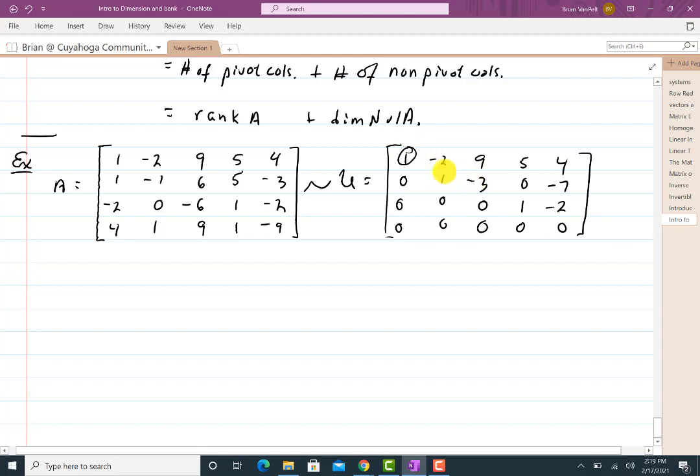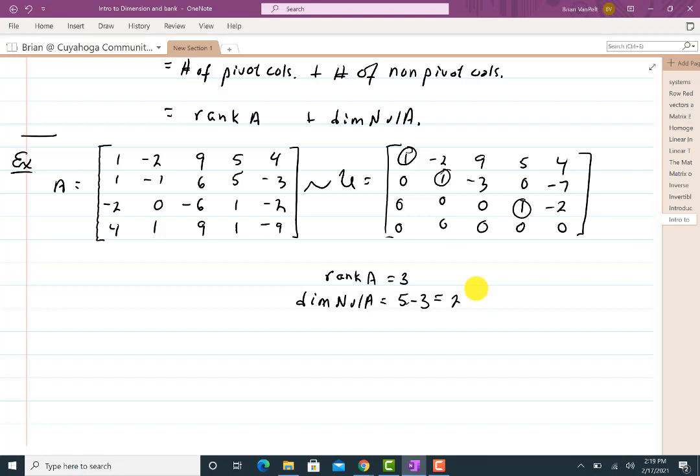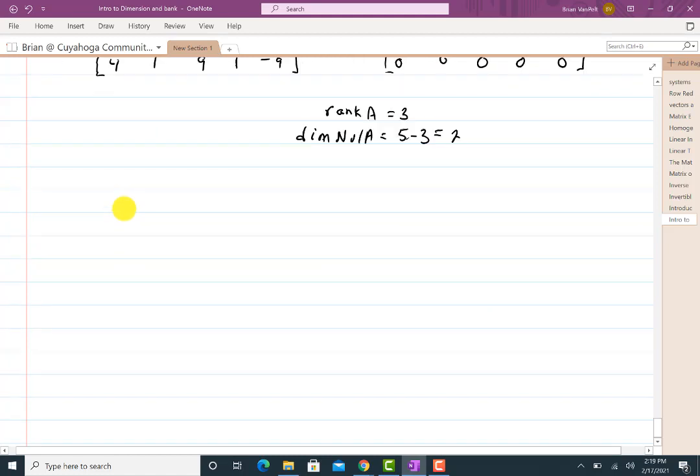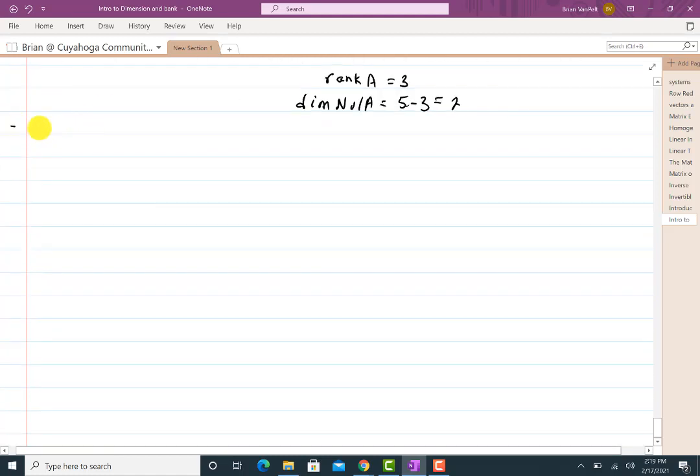So here we can tell by circling those columns we have rank A equals 3, and the dimension of null A equals 5 columns minus the 3 pivots would leave 2 left over. And this matches the equation that I had for the earlier example that involved that matrix.